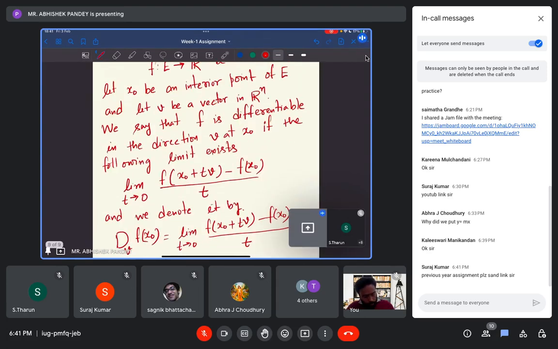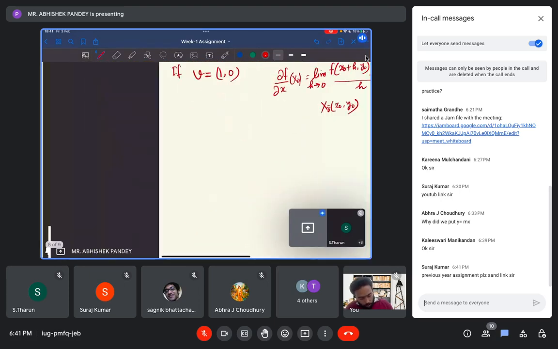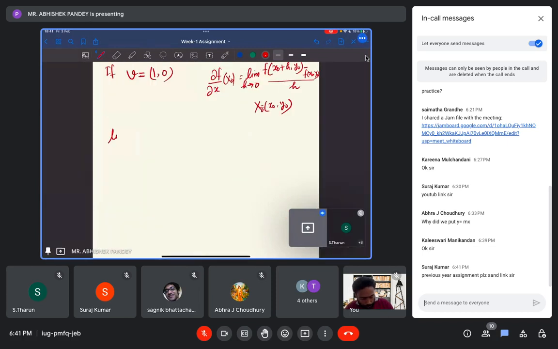So once you put v equals to 1 comma 0, this limit will become limit t tends to 0 of f of x naught comma y naught plus t times 1 comma 0 minus f of x naught comma y naught upon t.